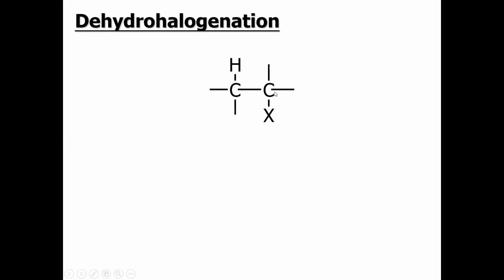That's why this carbon is known as the alpha carbon, at which the halogen is directly attached. The next carbon adjacent to it is known as the beta carbon. And the proton, or the hydrogen, bonded directly to the beta carbon is known as the beta proton.